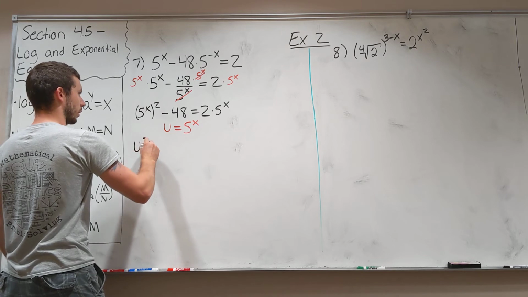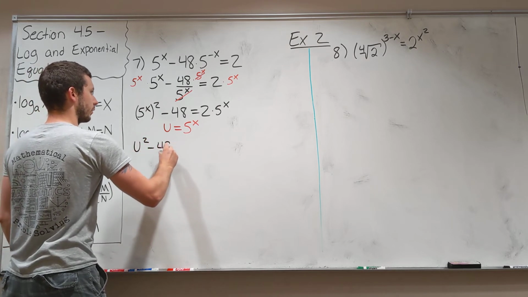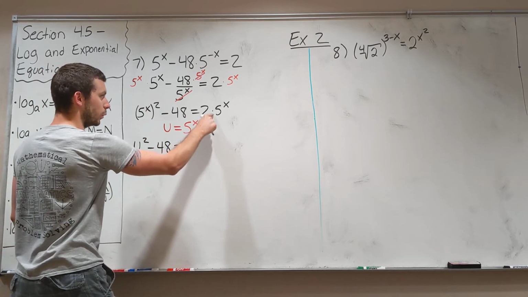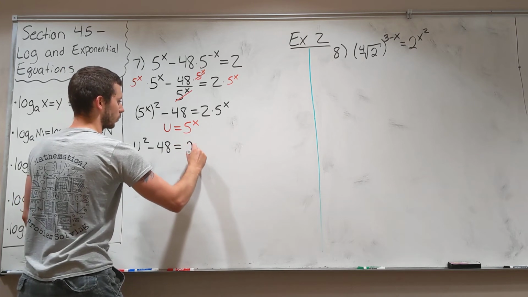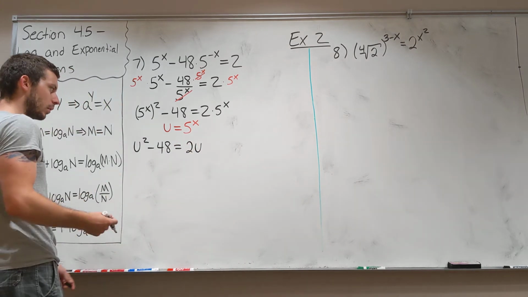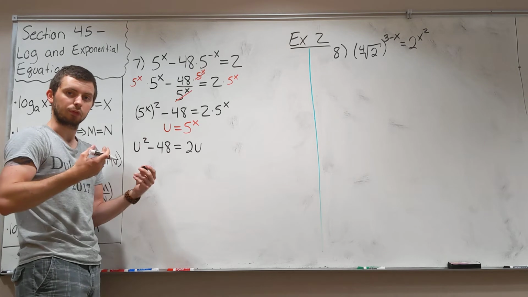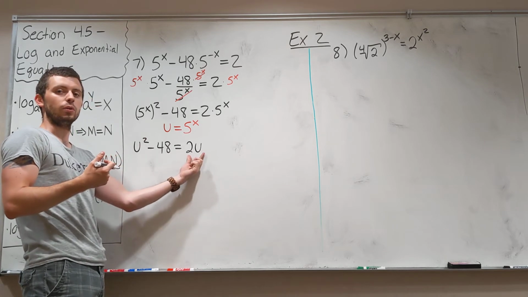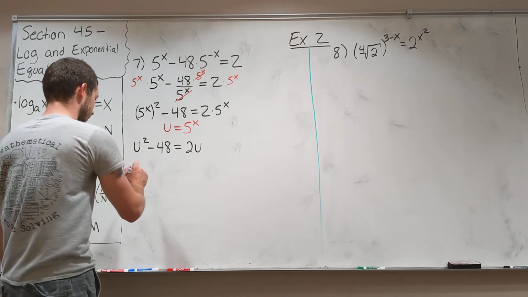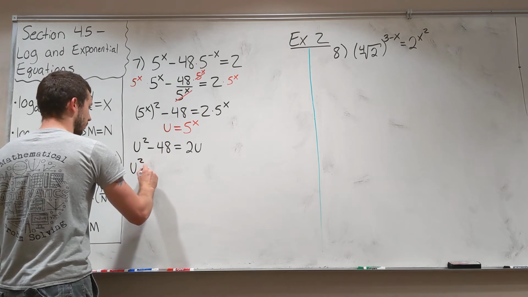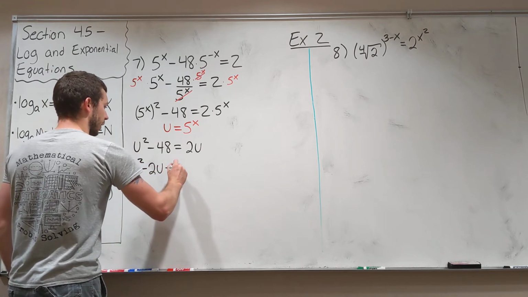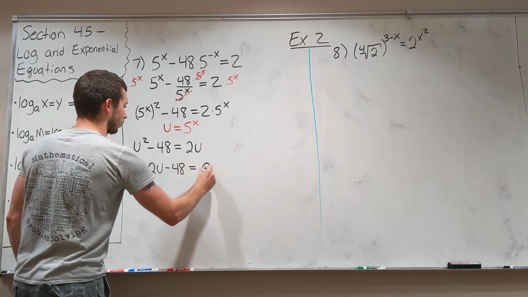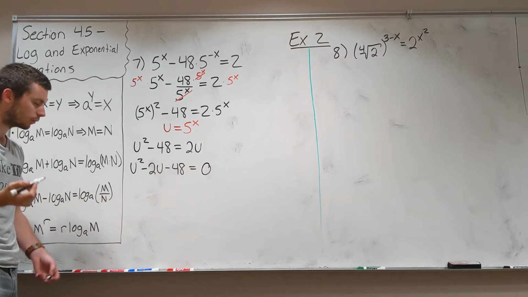So that is u squared minus 48 is equal to 2 times u, or just 2u. This is a quadratic, so we need to bring the 2u over via subtraction. So that is u squared minus 2u minus 48 is equal to 0.